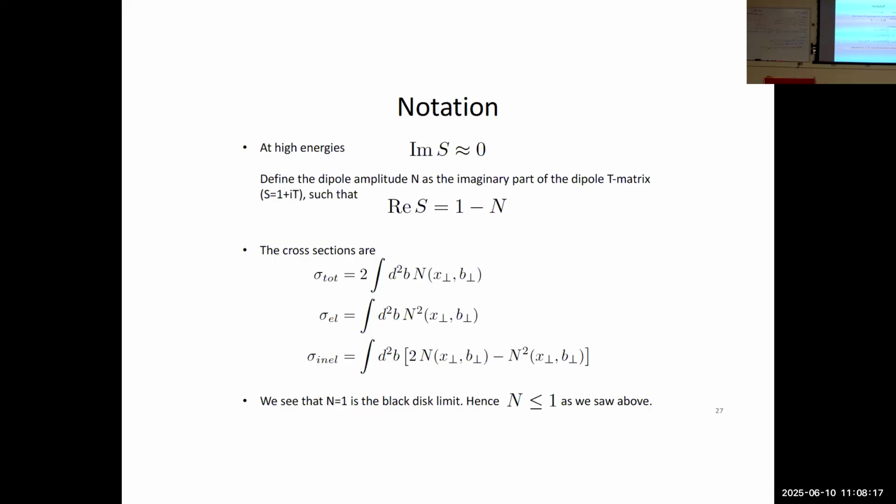So if I invert this formula, I can say that n is 1/2 d sigma d2b. And then I have the minus sign I discussed. So we'll have minus 1/2 d sigma QQ bar nucleon d2b to the power m. We have this cross section come in with every interaction. It depends on the impact parameter. It doesn't depend on the x minus variable.